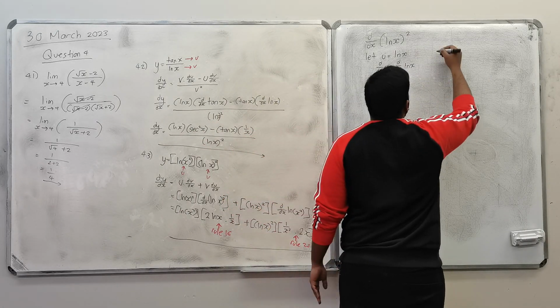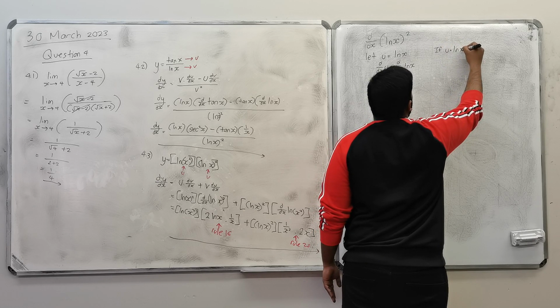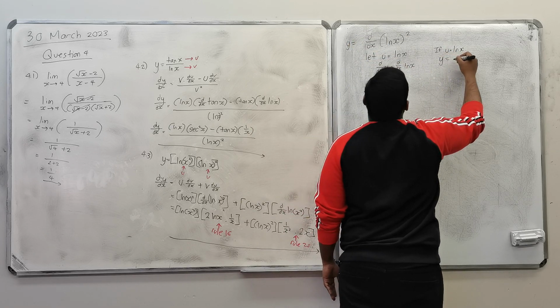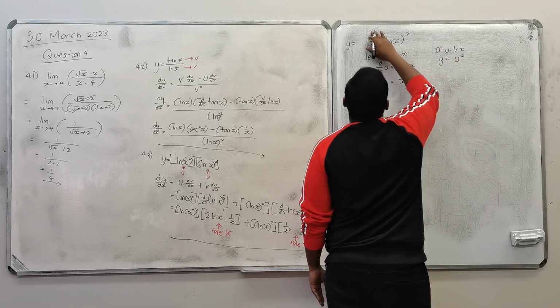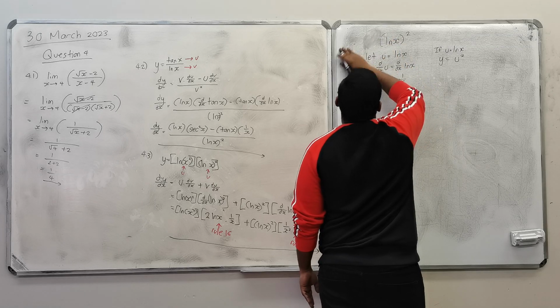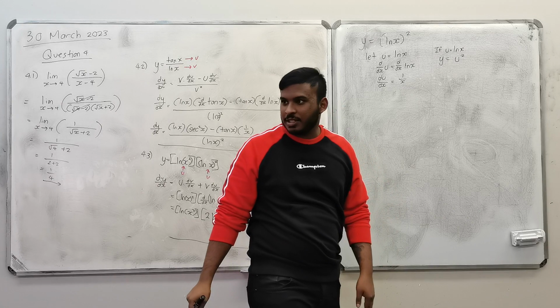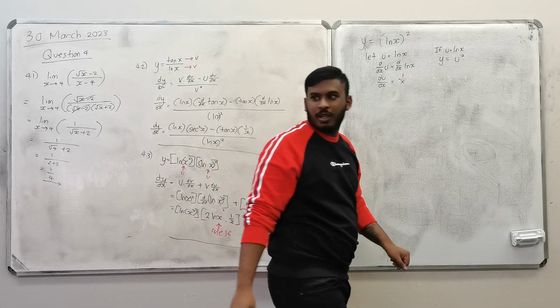Now because we let u equal, if u is equal to ln of x, then let's say this is y, then y is equal to u squared, right? Yeah, this is what the equation is, right? y is equal to ln of x squared. And I want you to differentiate it. So you know it's a function of a function, you use chain rule, came there, now we're here, right?